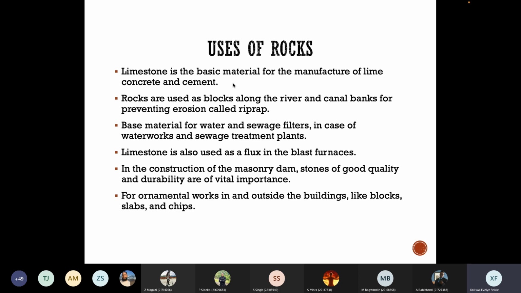Even in terms of bricks, there are different types of bricks that are formed from rocks or even soil, if you want to call it like that. But different types of bricks will be used for different conditions, right?